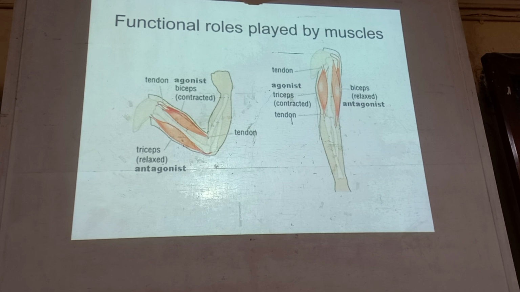So a muscle which cancels the undesired action of the prime mover is called a synergist. It improves the efficiency of the prime mover. It improves the efficiency of the agonist. Is this point clear?